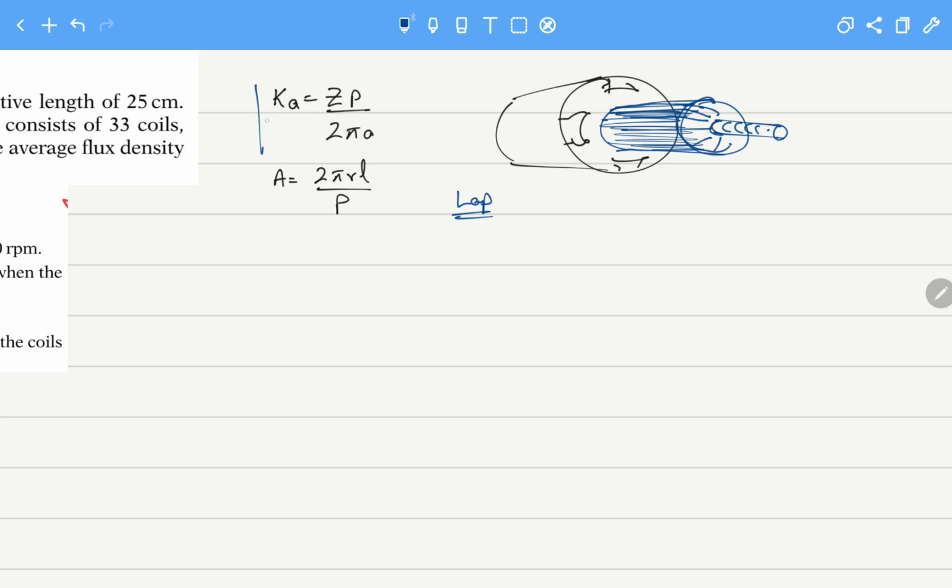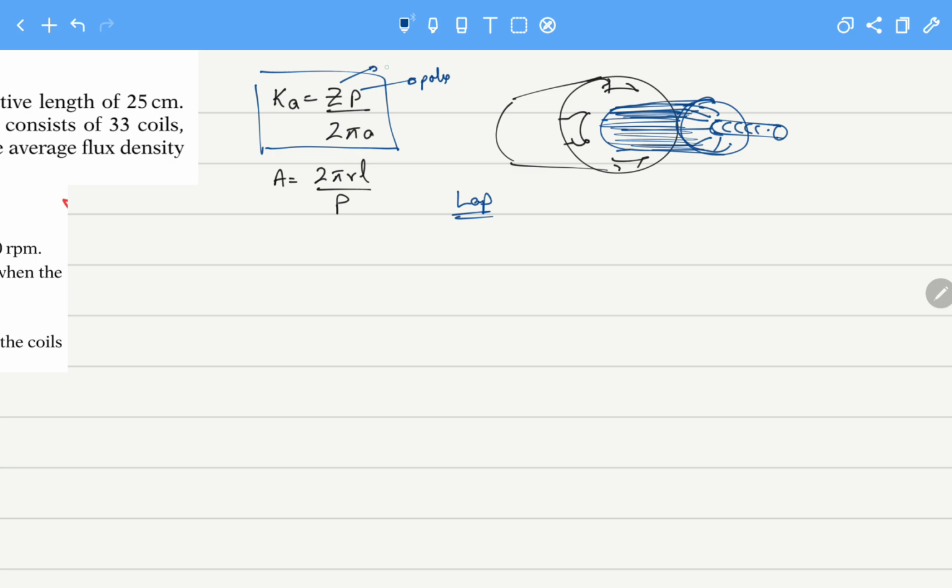So the critical formula for the machine constant Ka is Z over P, where Z is the total number of conductors, and P is the total number of poles.